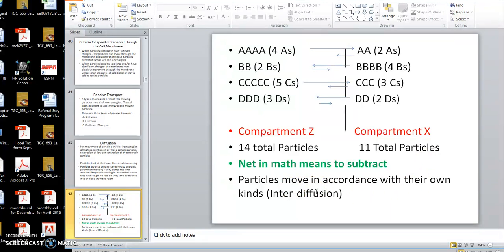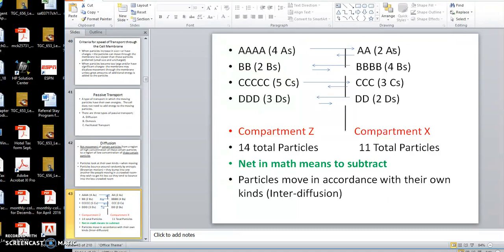Interdiffusion. When the A's have evenly distributed, the A's have reached the state of equilibrium.